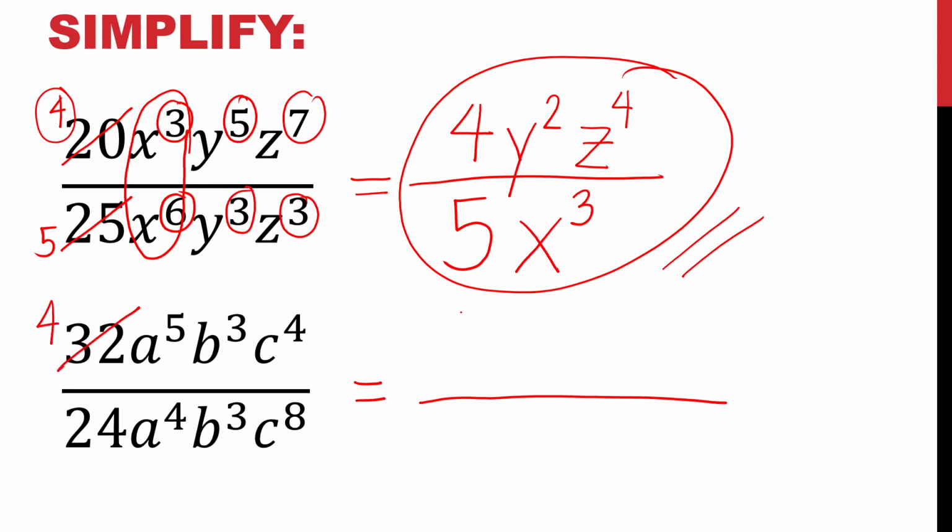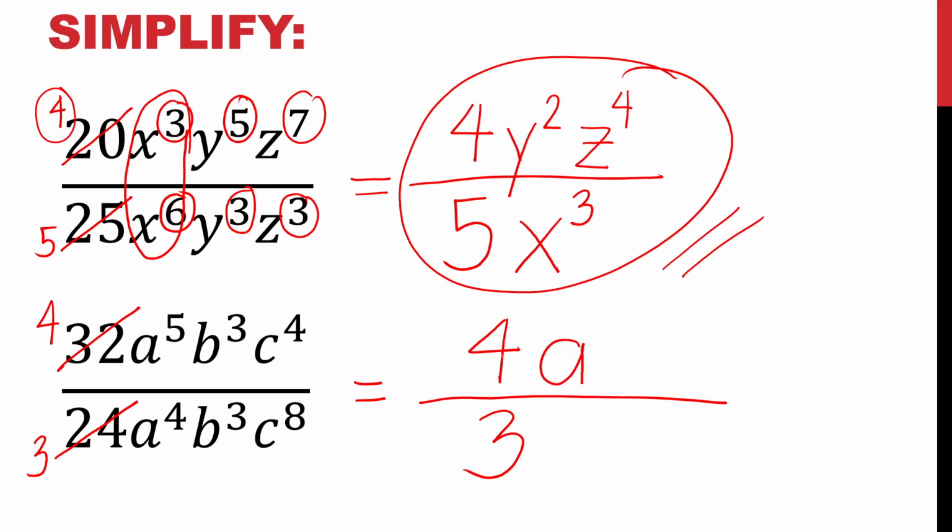So I have 4. What about 24 divided by 8? 3, sir. So I have 3 in the denominator. Now, let's decide where we are going to write the variable a. Numerator. And what's the exponent? 1. You can just write a. Very good.